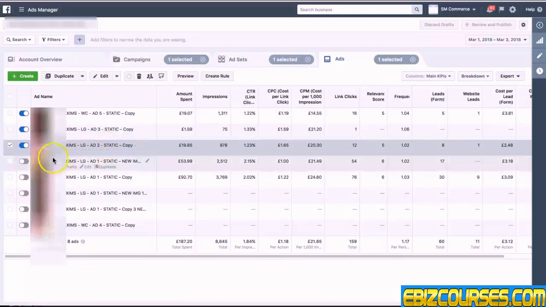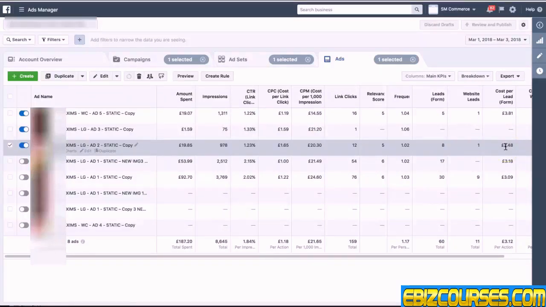So there will be something about this particular ad which, whilst it's generating a higher cost in the auction, more expensive to push this one through, it's converting a lot better as well. And therefore the cost per lead is better for this one.